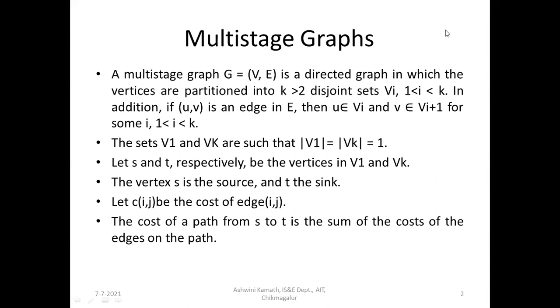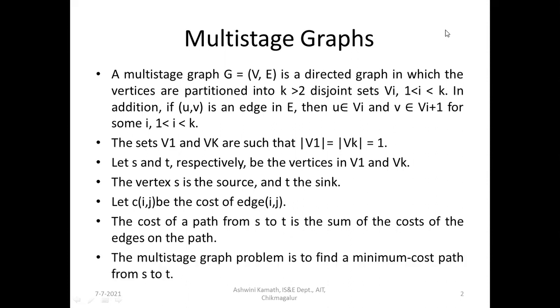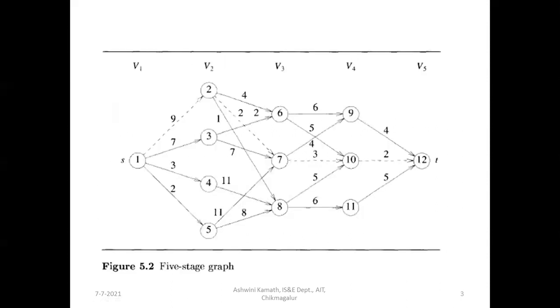The cost of a path from S to T is the sum of the costs of all the edges on that path. The multi-stage graph problem is to find a minimum cost path from S to T.